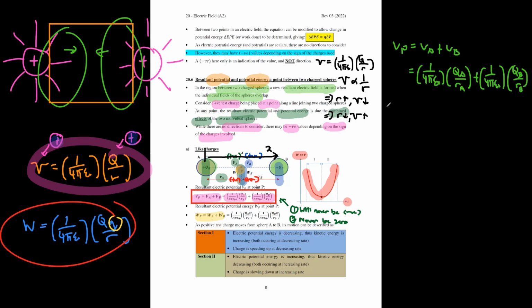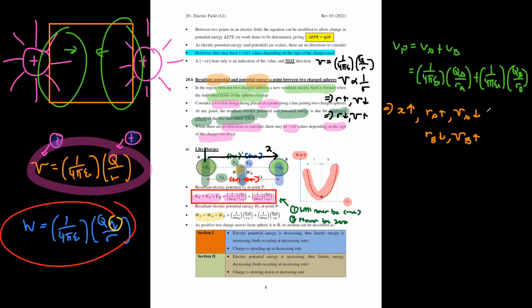So now consider this. If, for example, my distance x increases, RA would increase so that VA drops. Conversely, RB will drop, but VB would increase.